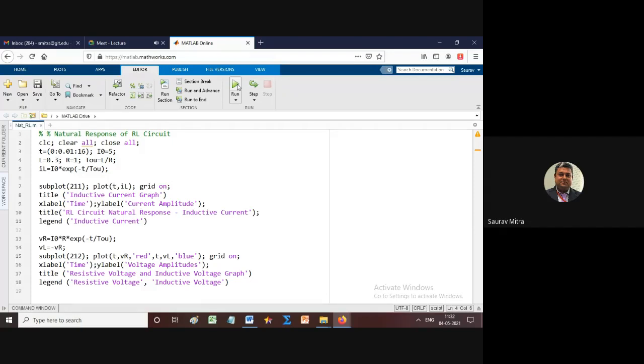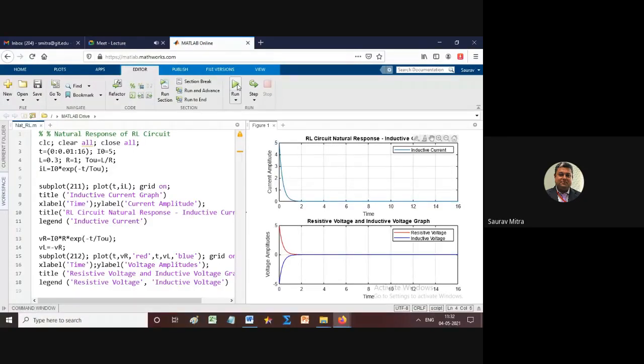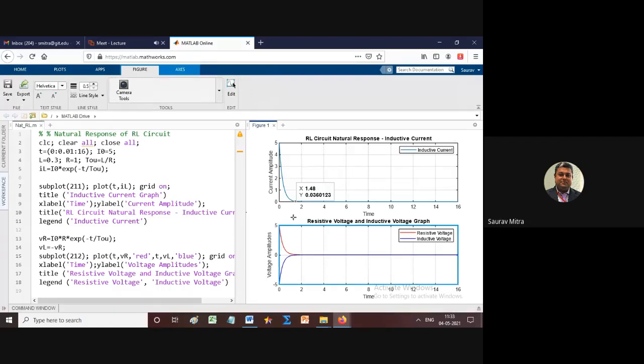Initially L was equal to 1, then we made it 10, and it became very flat. Now we are making it 0.3. See that? It has become quite fast. So with fast charging, let's see how much it shows: 1.48, almost 1.5 seconds, it has come to 0. This is how you have to show the effect.